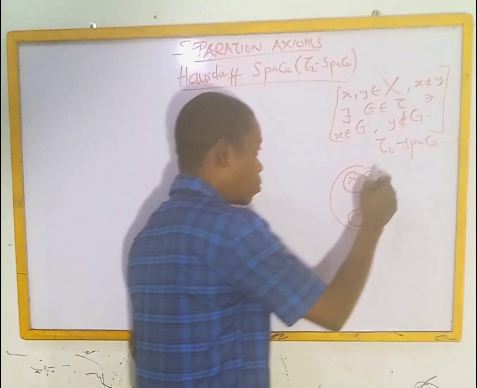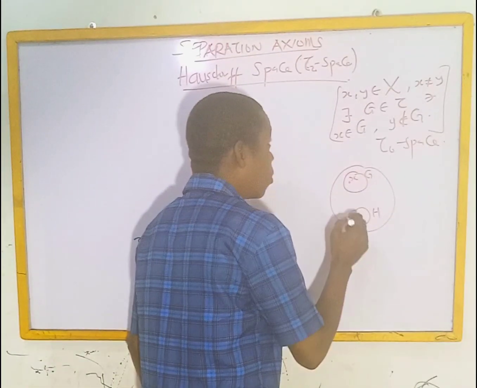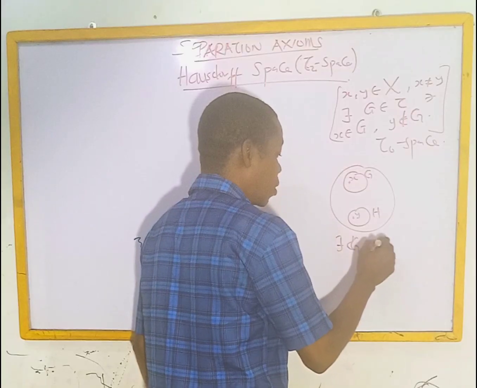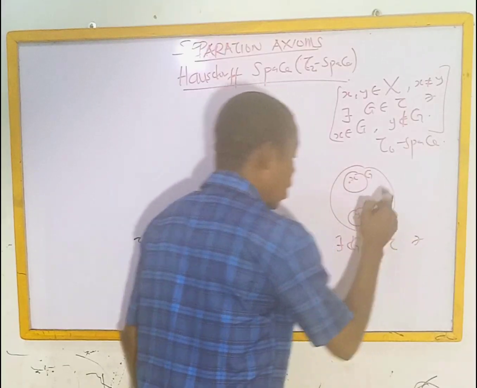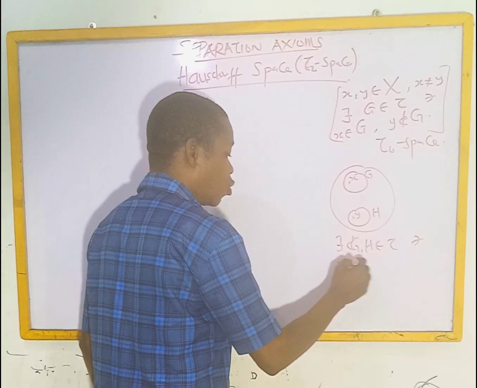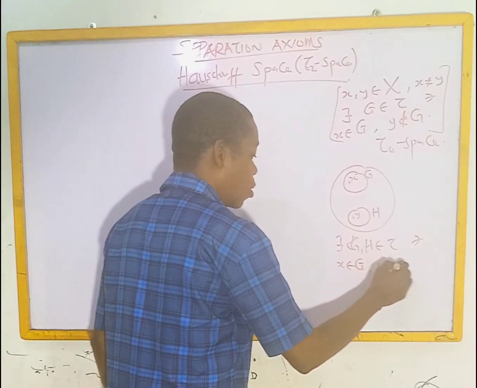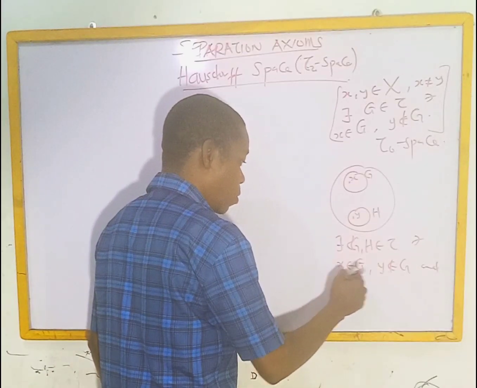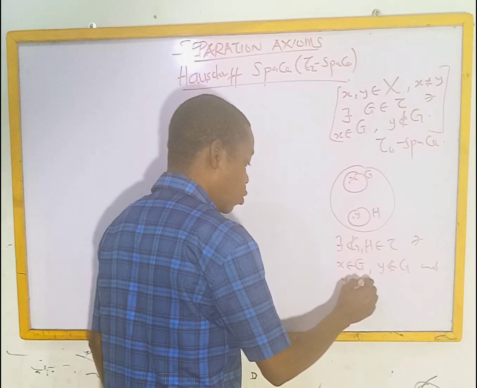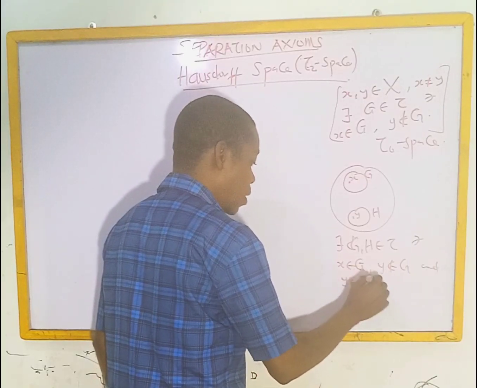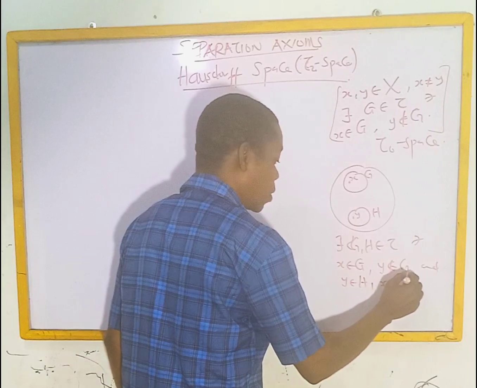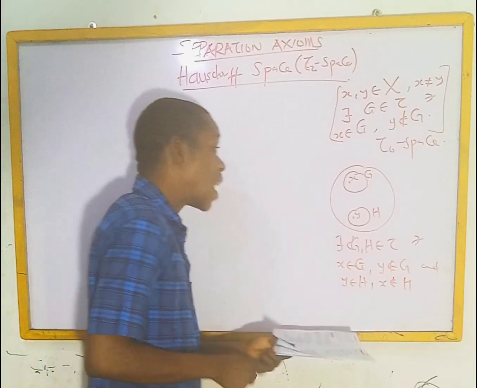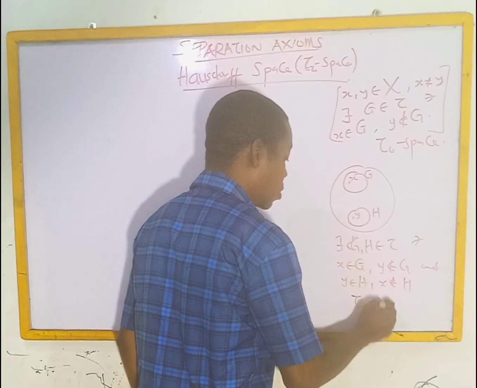Then there exist open sets G and H such that x is in G, y is not in G, and y is in H, then x is not in H. When you have this, we say you have a Tau1 space.